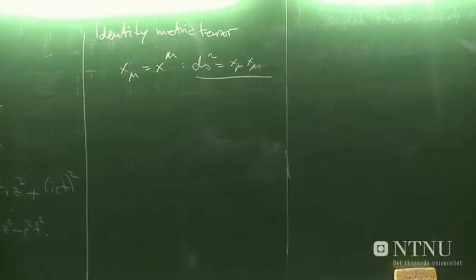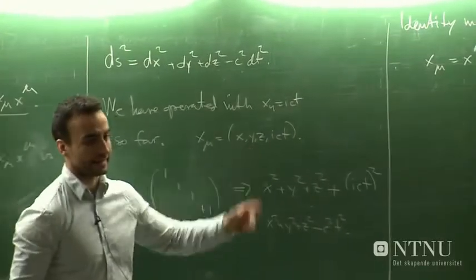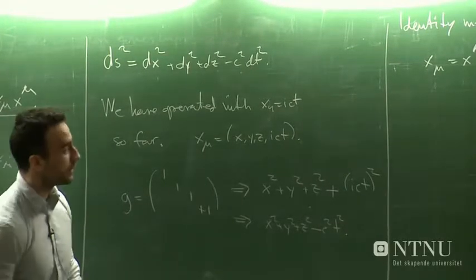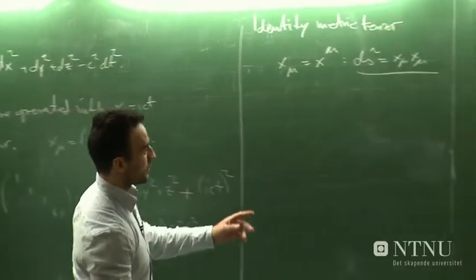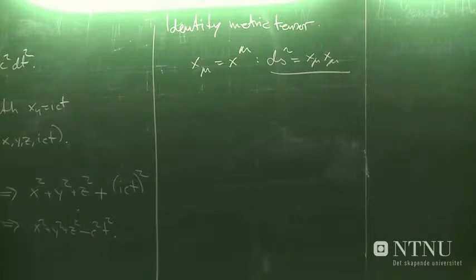So for our choice, for Minkowski space, where you have this fourth coordinate, ict, the lower and upper indices don't matter, we can write the path elements like this. So in order to say something about which metric we've used, we can say that we have used the identity matrix.